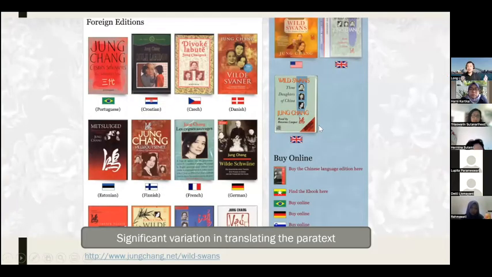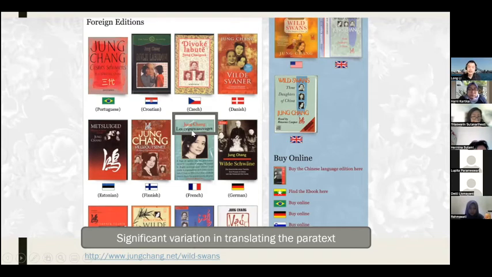And now let's begin with the analysis of the translated covers. This is from the author's personal website that you can access. If you take a quick glance at the different covers in various languages, you may agree that there's great variation in how the front covers are translated. For example, this French cover shows only the author's image.